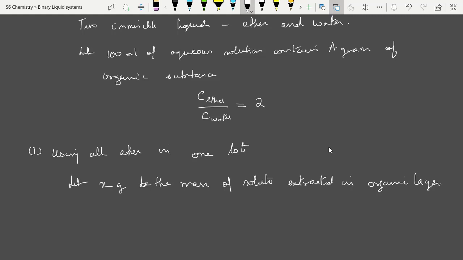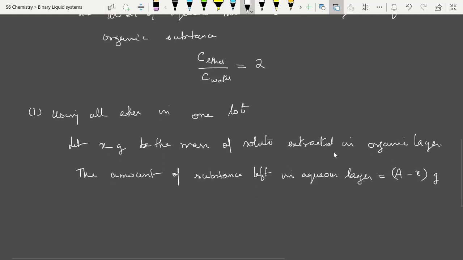So the amount of the substance left in the aqueous layer will be equal to A minus x grams, because initially you had taken A gram of the organic substance in 100 ml of aqueous solution, and to it you have added 100 ml of ether and shaken. x gram of the organic substance has gone from the water layer to the ether layer, and so remaining substance in the water layer is A minus x grams.